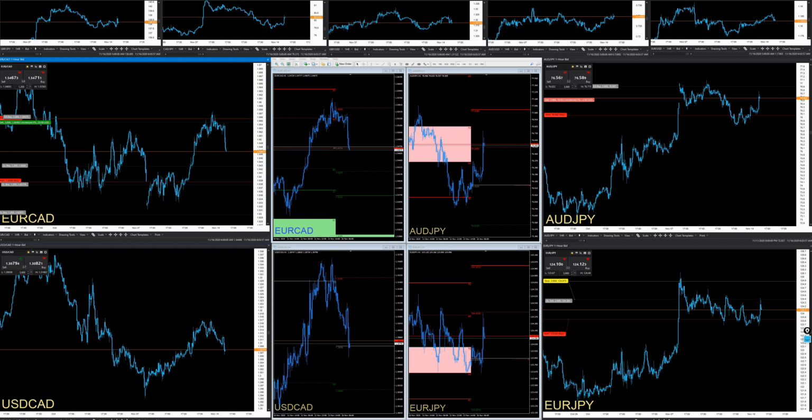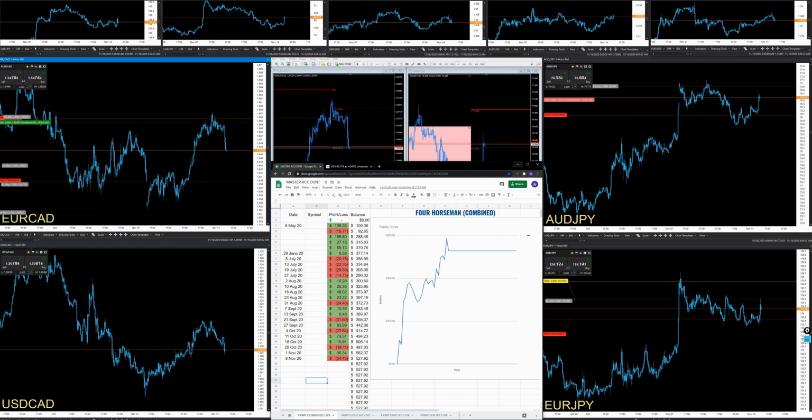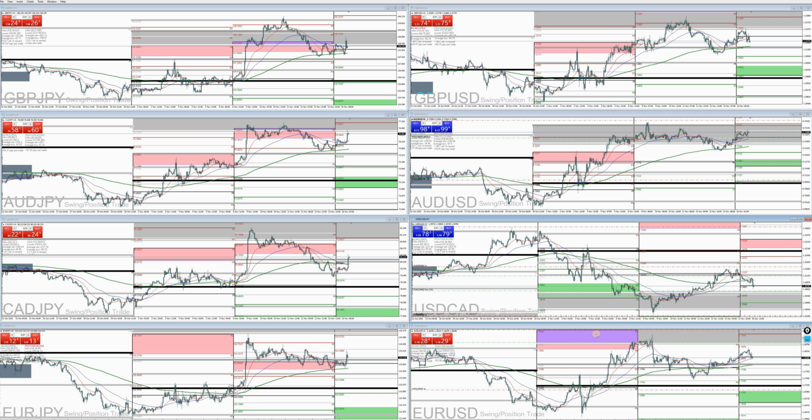Let's go ahead and take a look here real quick. I'm interested to see what the dollar's doing. The dollar is rising slightly off of support. And let's check out our swing trading. Okay, so this was our Canadian entry at the market open. We're at central pivot. Go ahead and enlarge this here for you.